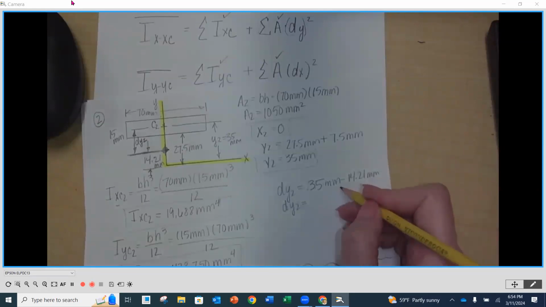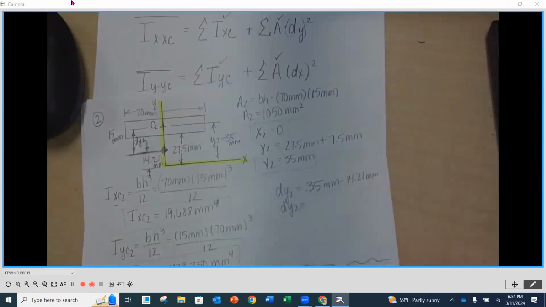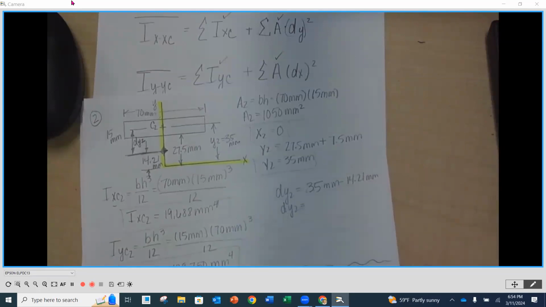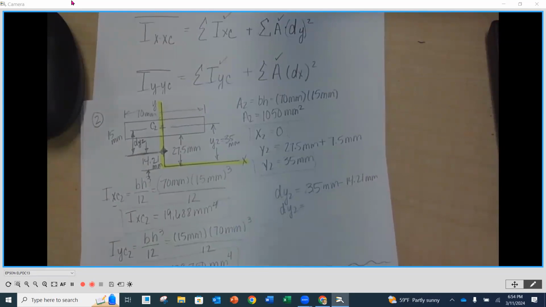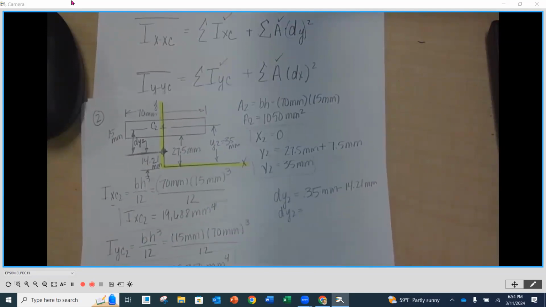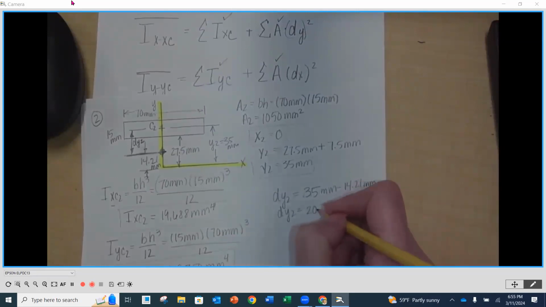And that number would be, I've lost my sheet number 2. 20.8 millimeters.